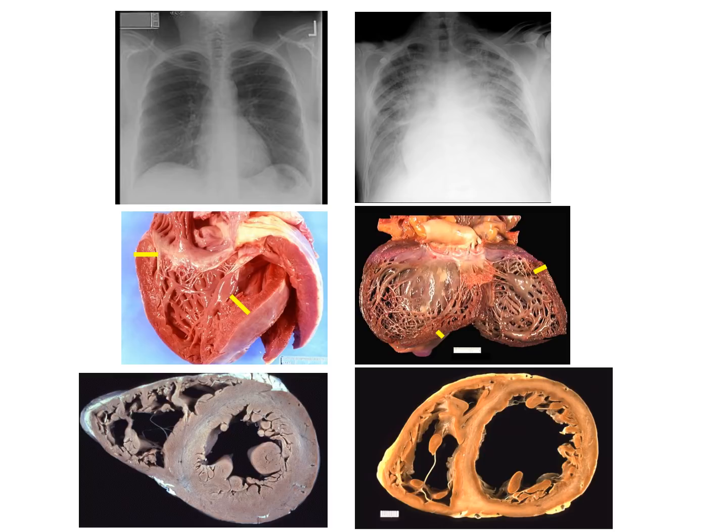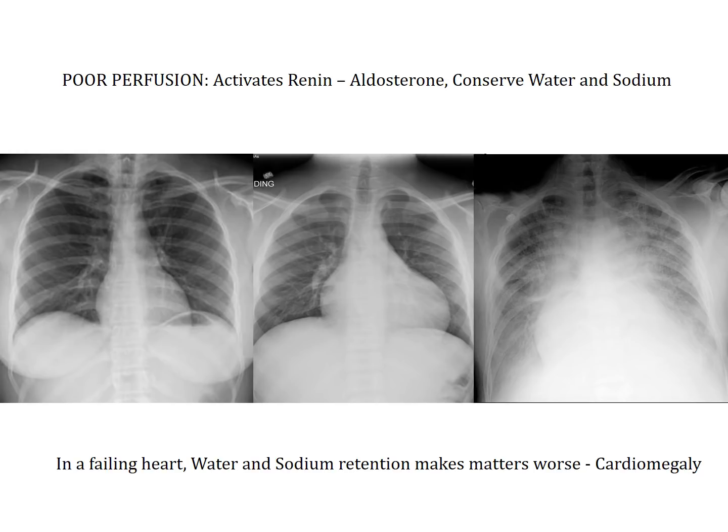So dilated congestive heart failure or dilated cardiomyopathy. What leads to this progressive dilation of the heart and this progressive accumulation of fluid in the body, particularly in the lungs, leading to pulmonary edema?